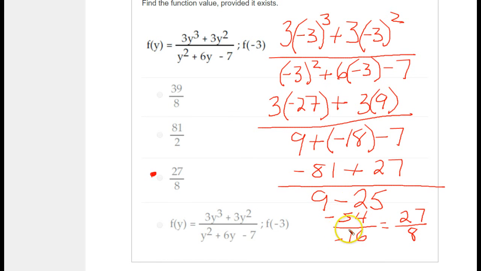Negative by a negative made it a positive. And I see I could take a 2 out of each one, and it reduces to 27/8. Again, this one is showing lots of work, but there's plenty of room to show it, and you want to get full credit, and this is what you need to show.